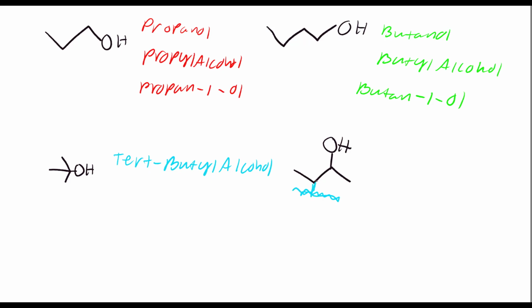Imagine that this whole molecule is actually attached to a parent carbon because we're acting as like a child, right? So this would be a child. And what you need to know is that this is going to be called a sec-butyl alcohol. Because we have the alcohol on the second carbon, this whole molecule is going to be a child. It's going to be attached to the parent chain. So that's a sec-butyl alcohol.